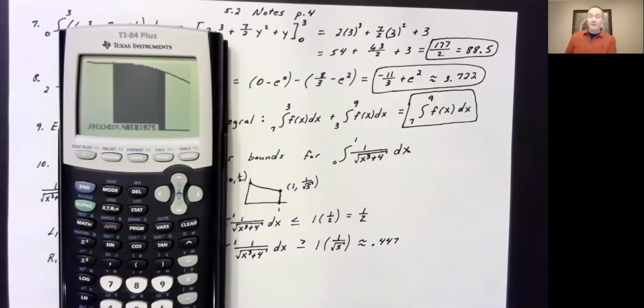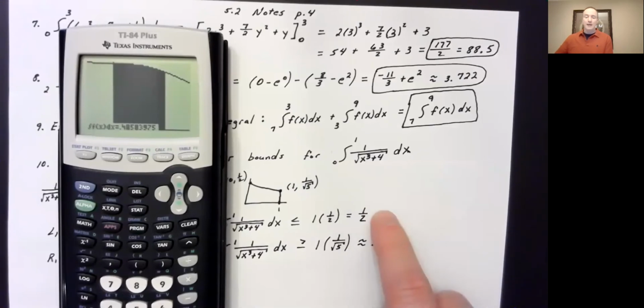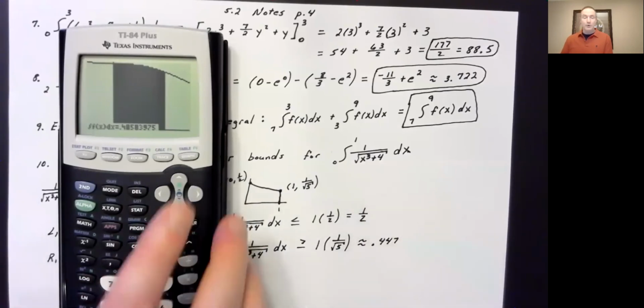So the area, and now this is not an exact answer, it's still a decimal approximation, but the area under the curve is approximately 0.485839, which, keep in mind, is just about right in between these two. We knew it had to be less than 0.5. We knew it had to be greater than 0.447. Well, it is between those two values. It's 0.4858. So this would give you a really good lower and upper bound.